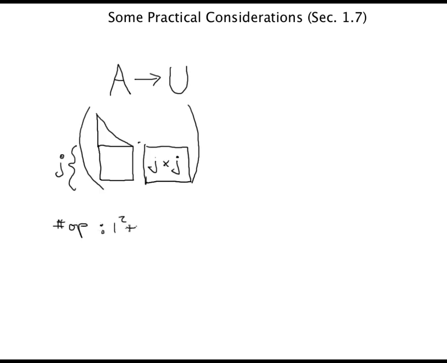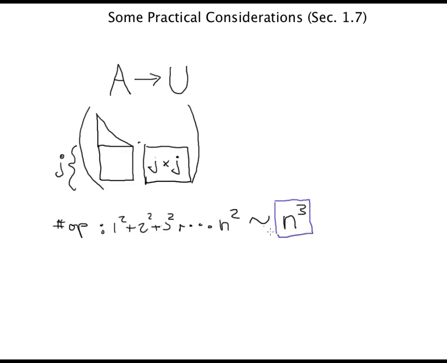1 squared plus 2 squared plus 3 squared plus up to n squared. And there's a simple algebraic computation that you can see to see that this is approximately n cubed. Well, that was just extremely terse.